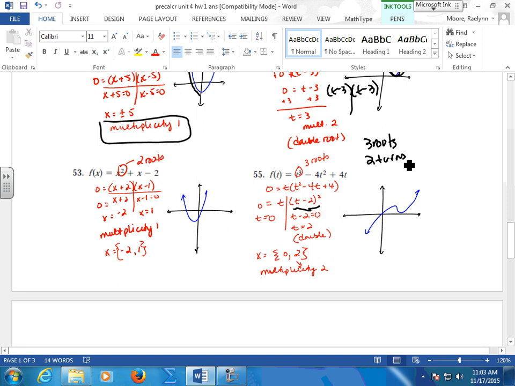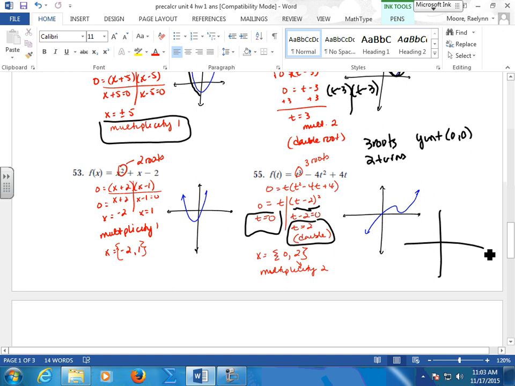I do my zeros. Where's my y-intercept at? If all of these t's are zeros, where's my y-intercept at? 0. So I know my y-intercept is at 0, 0. I know these are my roots. I know this is a double root. So watch how we can graph this.